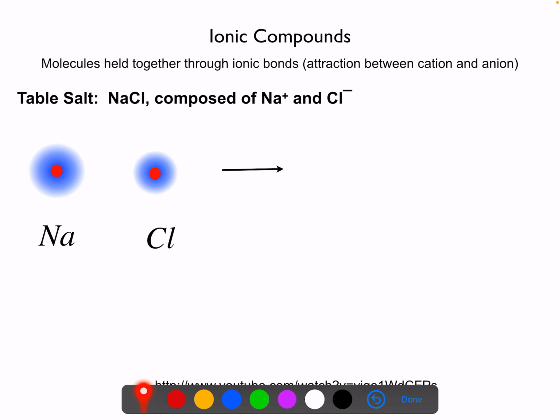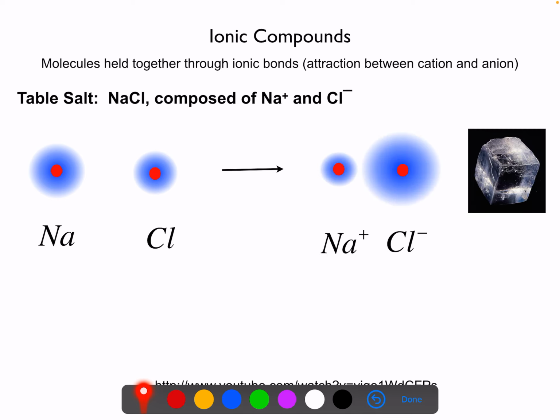So all of these ionic compounds are salts, although we often commonly just use the word salt for table salt, which is sodium chloride. So if we imagine reacting a sodium atom with a chlorine atom, we can end up forming the sodium chloride ionic solid, Na+Cl-.